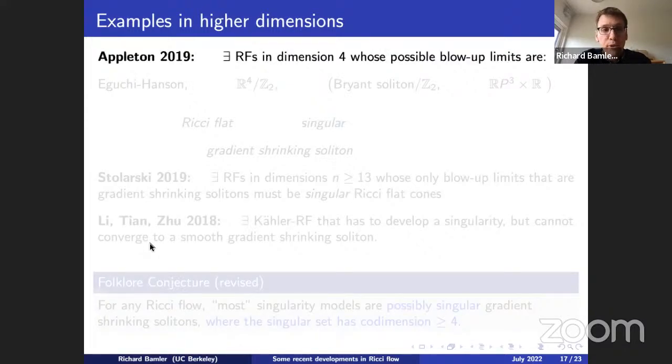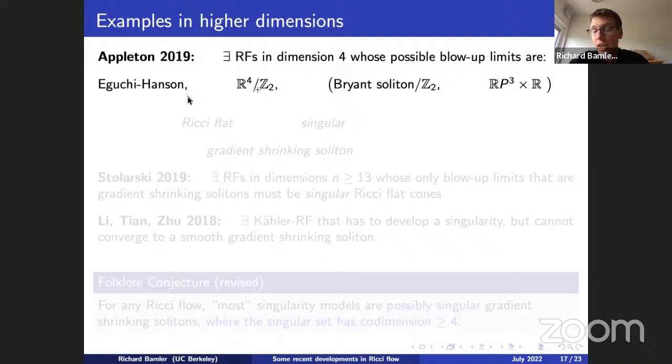The first example is due to a former graduate student of mine, Alexander Appleton, who constructed Ricci flows in dimension 4, whose blow-up limits he can completely understand. And these blow-up limits are the following. They're either the Eguchi-Hanson metric, which is a Ricci flat asymptotically conical metric, or it's R4 modulo Z2, so Euclidean space modulo the antipodal map.